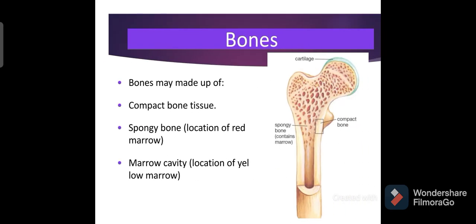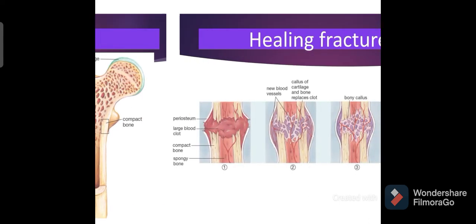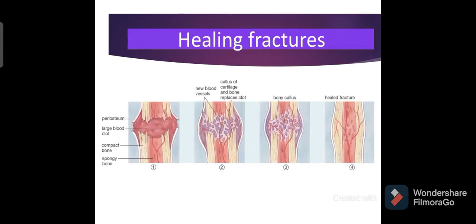Bones. Bones may be made up of compact bone tissue, spongy bone or location of red marrow, and marrow cavity or location of yellow marrow. Healing fracture. So these are the healing fractures.